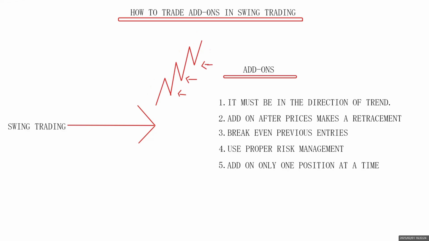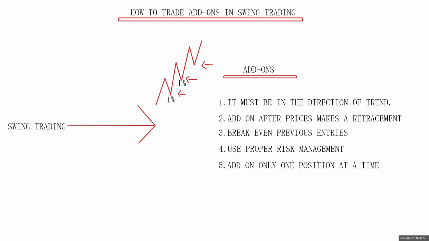What is the fourth thing? Use proper risk management. When you are adding on, don't be reckless about it. For example, if you have a live account of 100%, and on the first add-on you risk 1%, the second add-on should also be the same 1%. Once you have broken even the first position, take that 1% and put it here.